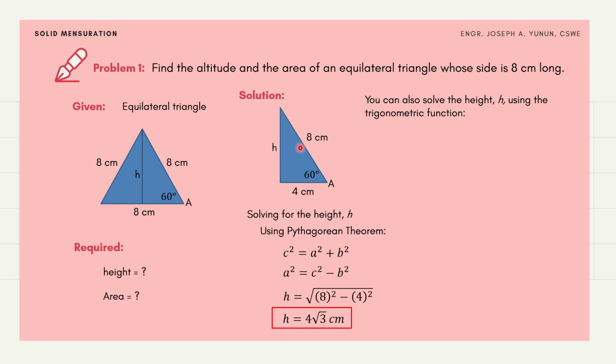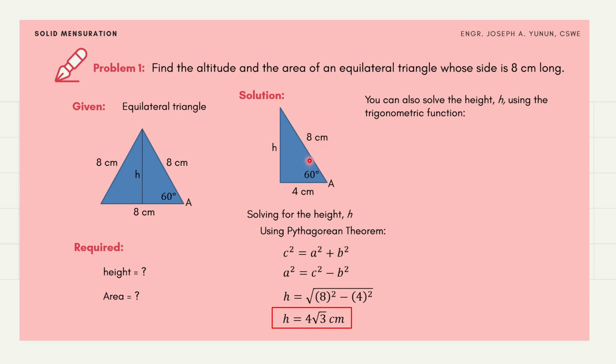Or you can use the tangent function, as represented by the opposite side all over the adjacent side. By definition, the cosine is the adjacent all over hypotenuse.